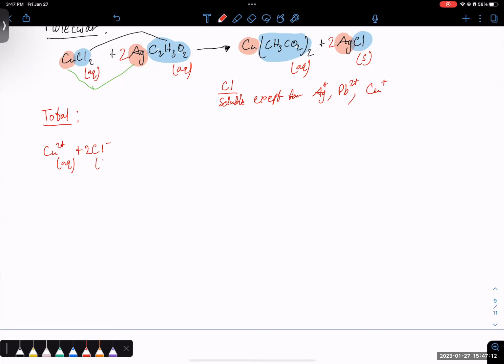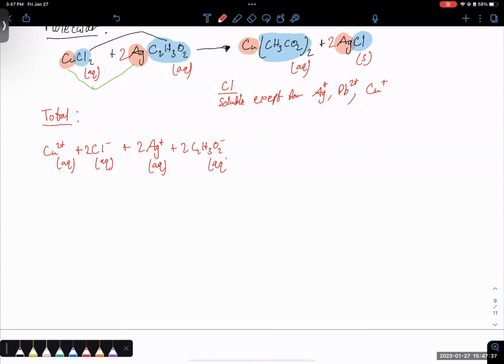So you have this as aqueous. And then silver. What charge is silver? +1. How many do we have? So 2 Ag plus. That's also aqueous. And then you have 2 C2H3O2 minus ions.